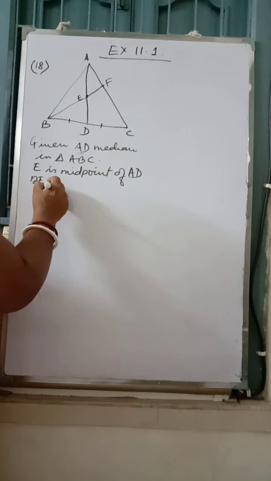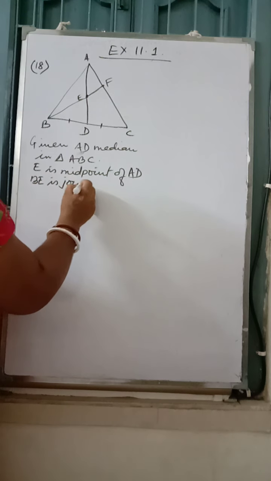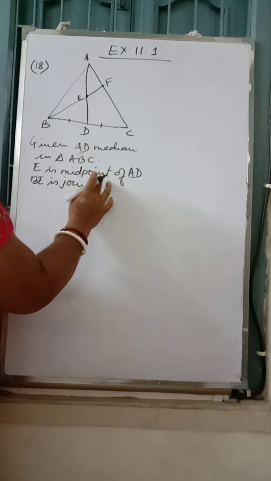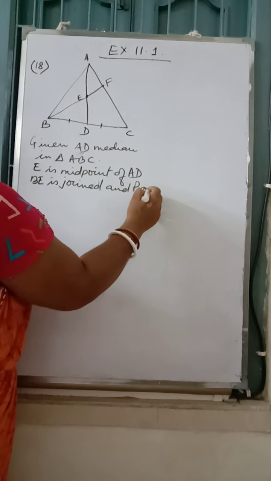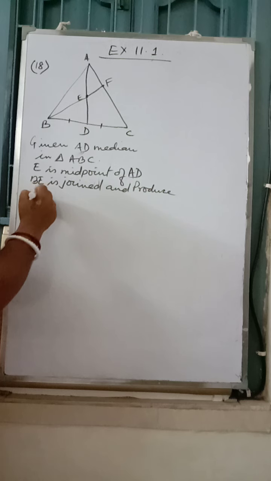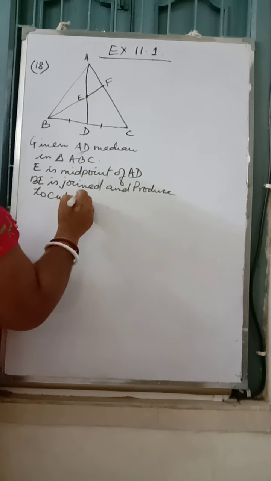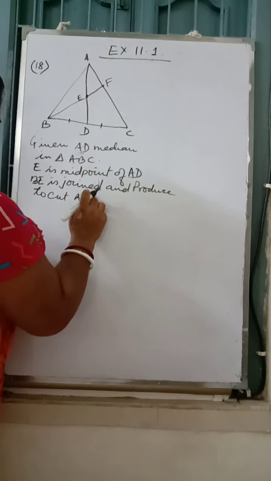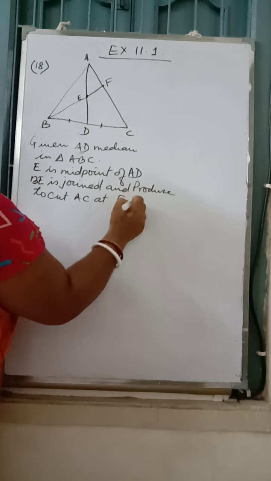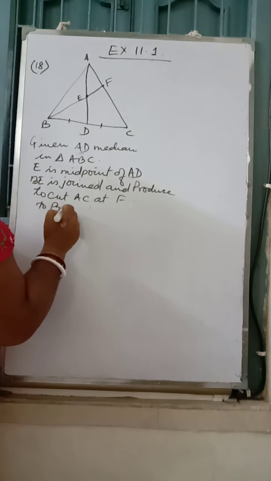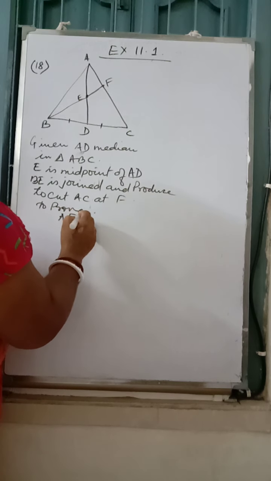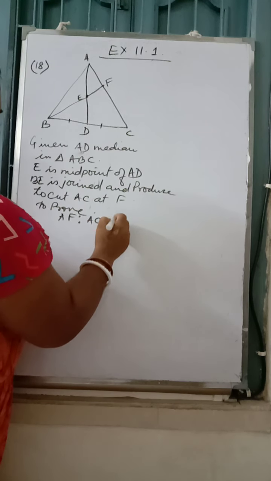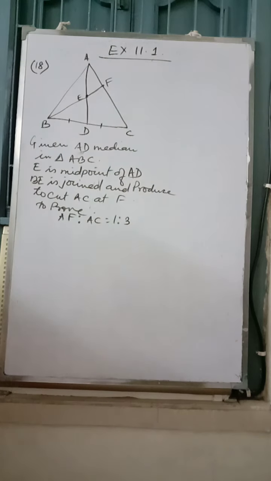BE is joined and produced to cut AC at F. To prove: AF is to AC is equal to 1:3.